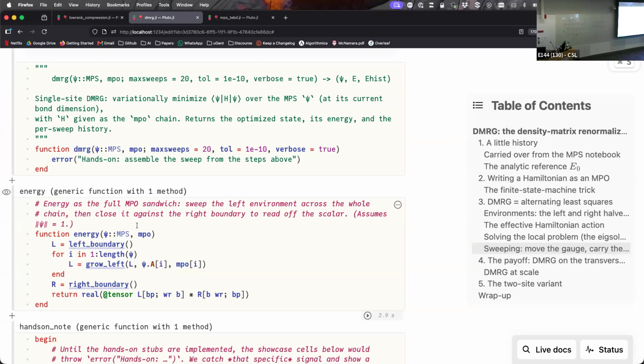What is left is the left environment. So A is the site that we're working on, and then A bar is the corresponding site from the bra, and then W is the corresponding site from the Hamiltonian. I checked. I know I'm writing this myself.